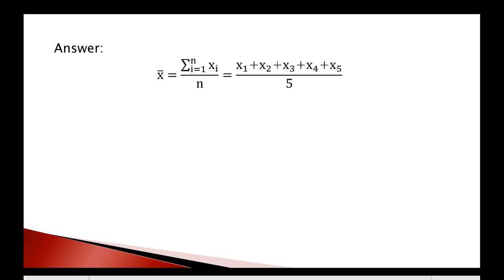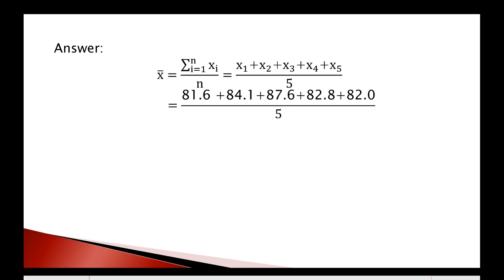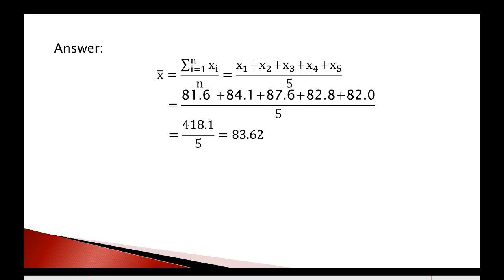So x bar is equal to the summation of xi divided by n. Here n is 5. So we have the summation on the numerator, and divided by 5, we get 418.1 divided by 5, which is 83.62, which is our sample mean.